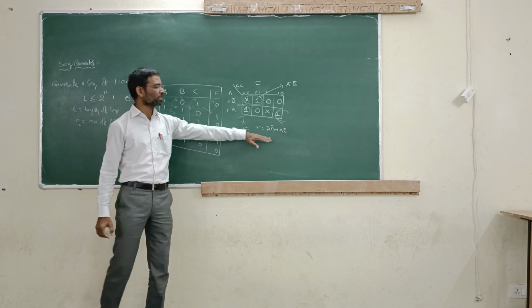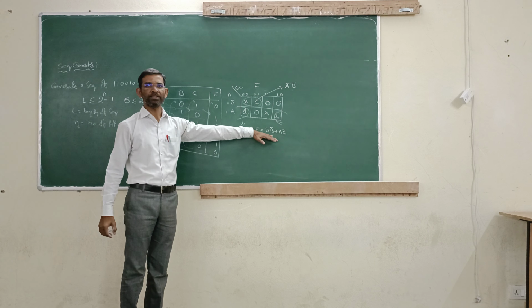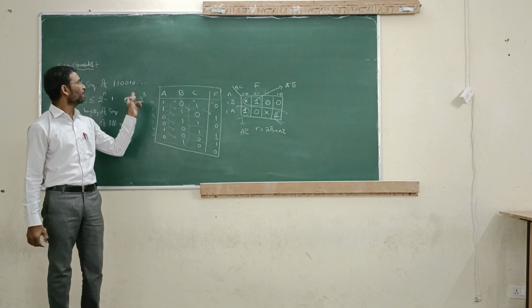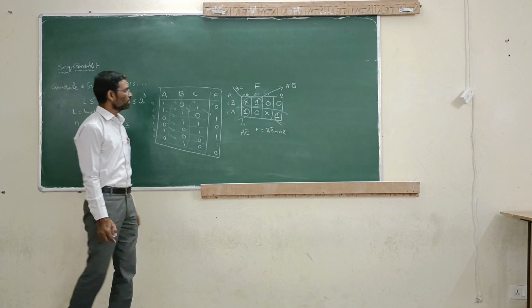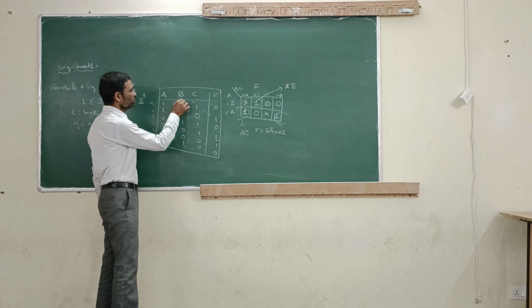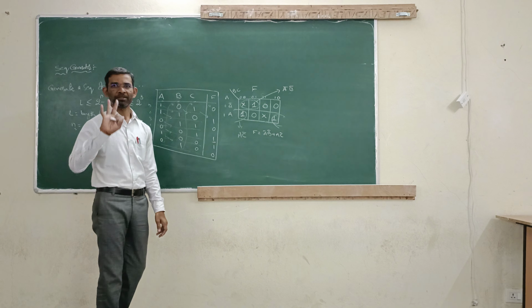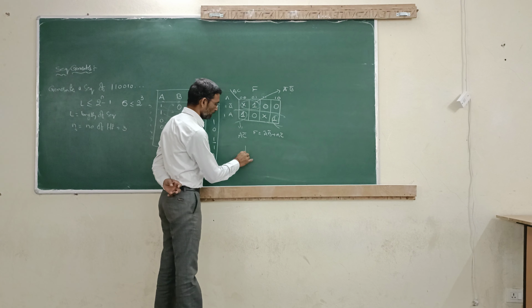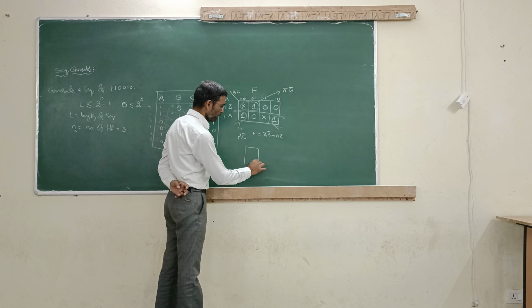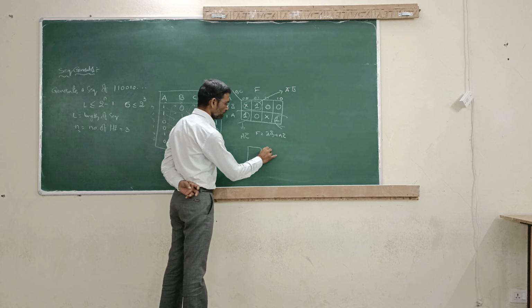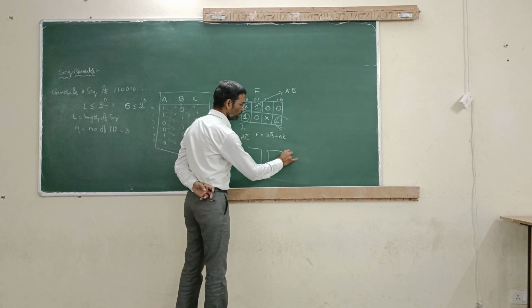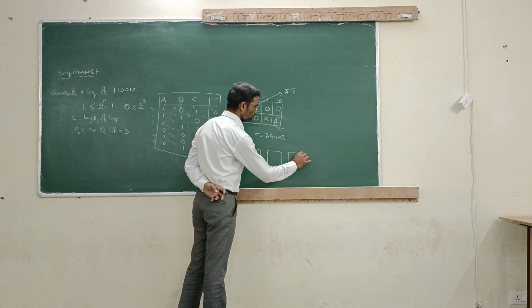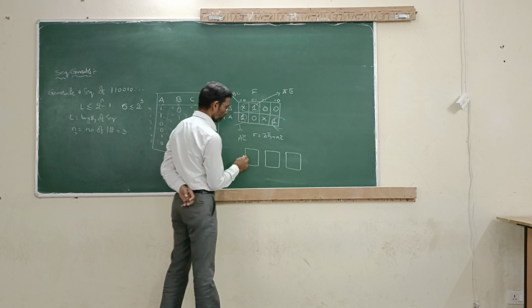Using this expression we are going to design a logic circuit to generate a sequence like 1 1 0 0 1 0. How many flip flops do we have to use here? We have to use 3 flip flops, so we are going to take 3 D flip flops. This is the first, this is the second flip flop, and this is the third flip flop.